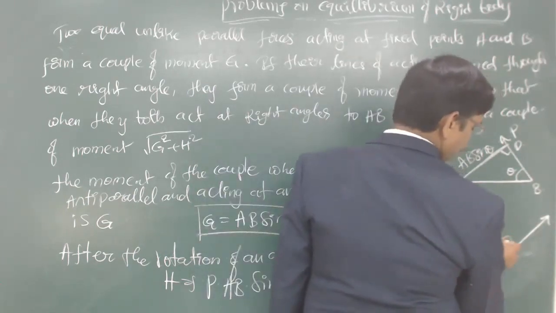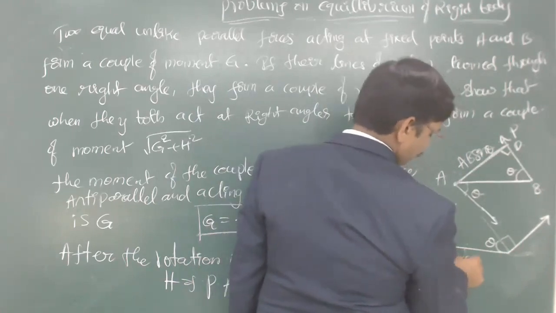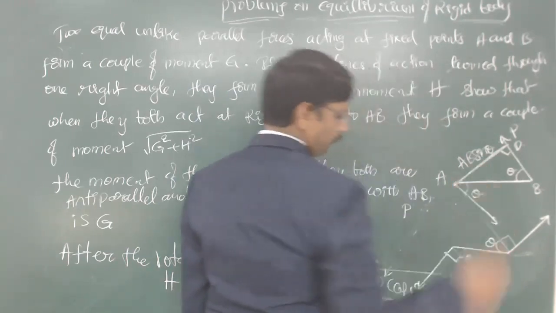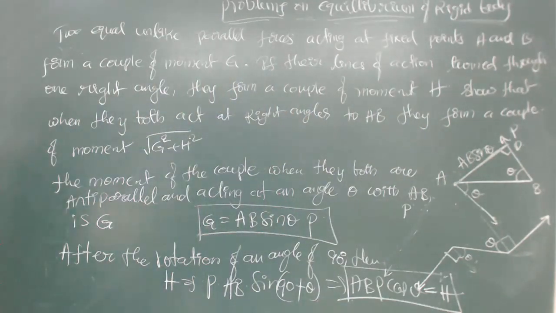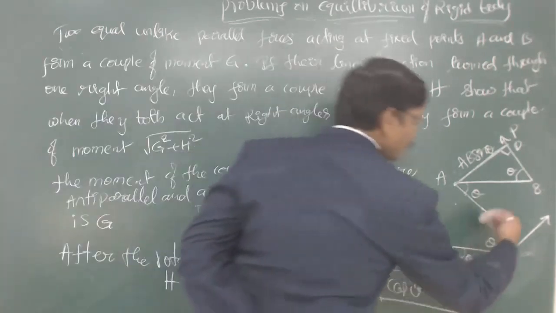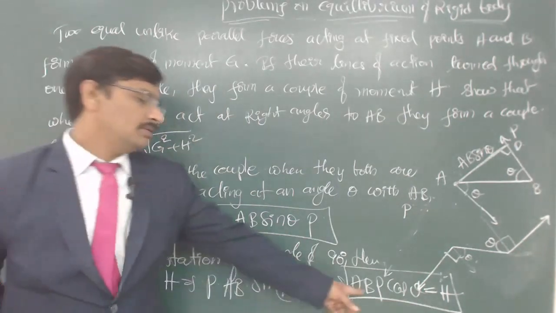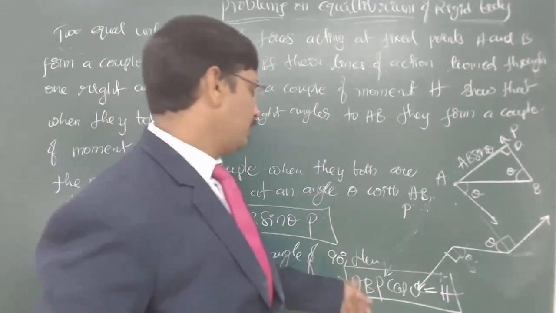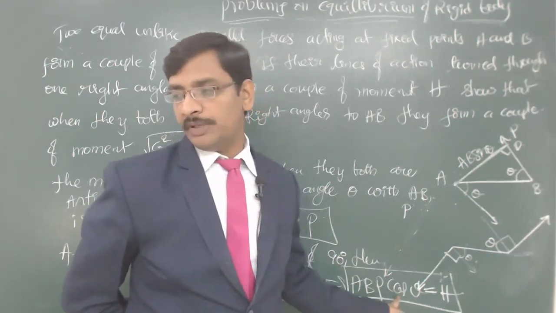Earlier it was like this, and this is 90 and this is theta. This was theta and this is 90. Got it? So this is how it was rotated. It rotated by an angle of 90 degrees. Then the new couple is AB cos theta into P. Earlier it was AB sin theta into P, now it is AB cos theta into P.